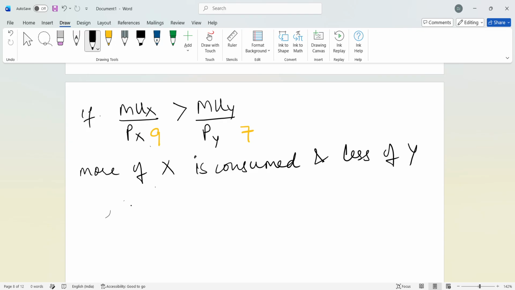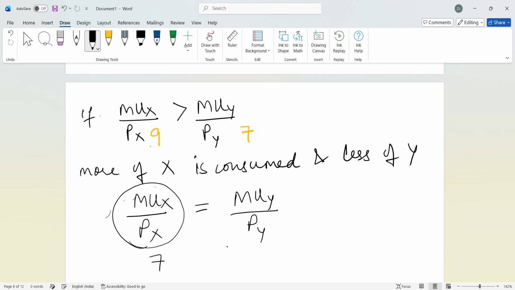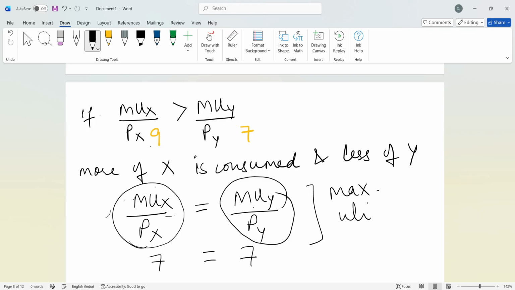So I'll stop as soon as I get MU of X by P of X equal to MU of Y by P of Y. As soon as this ratio comes to 7, I will stop, because that would equate my marginal utility per dollar from both the goods, and that would maximize my utility.